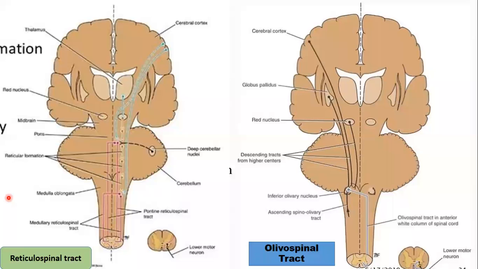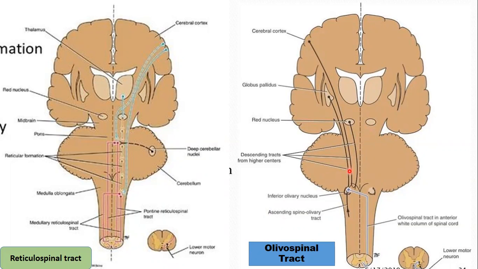Moving forward, another is reticulo. For reticulo, we have the reticular formation, which is in our midbrain. So here we have our midbrain and the reticular formation takes place over here. Then again, these go through our pons, pass over the medulla and terminate finally over here, that is, the interneurons of the spinal cord. Another one is the olivospinal tract. It is very easy.